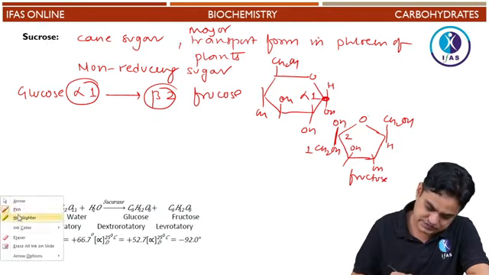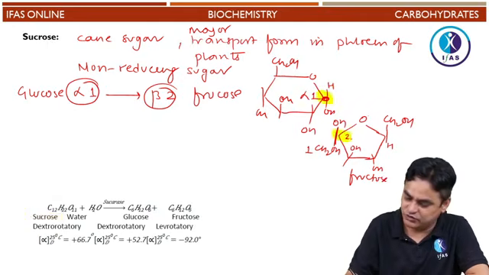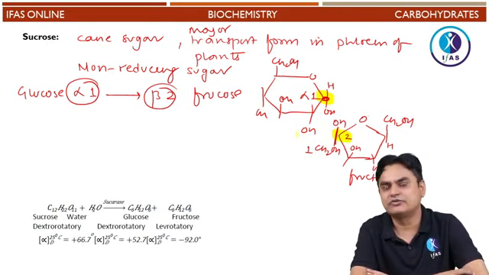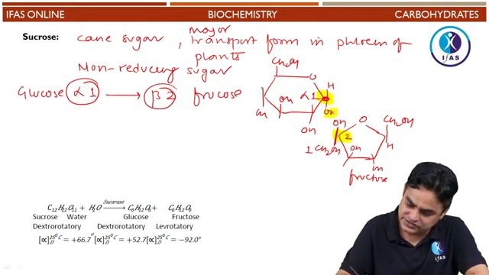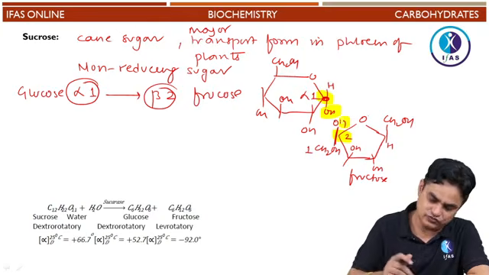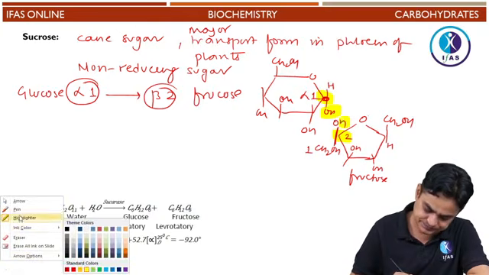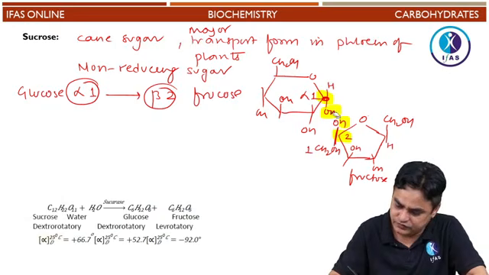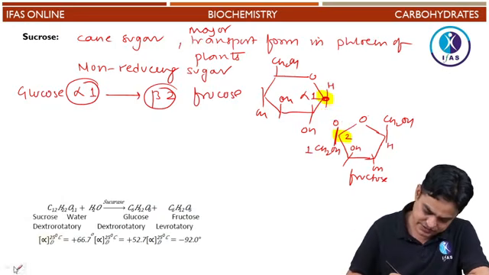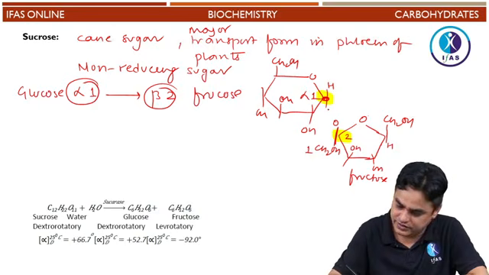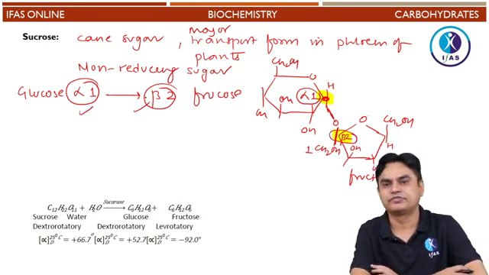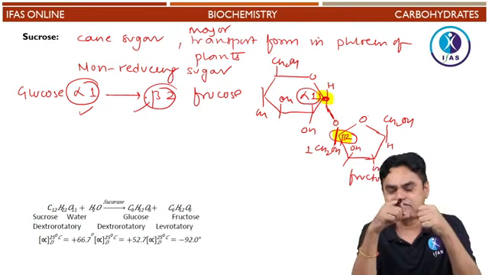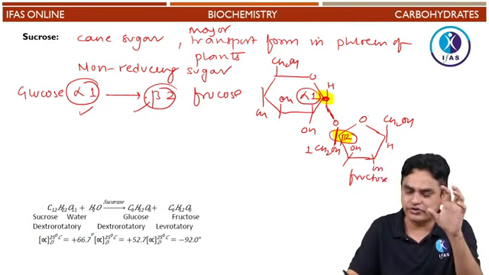This is the anomeric carbon from the glucose side, this is the anomeric carbon from the fructose side, because in ketonic sugars the anomeric carbon or the hemiketal carbon is carbon second. OH group would be eliminated from one side and H would be released from another side. So there is formation of a bond that would be referred to as alpha 1 beta 2 bond. Since the anomeric carbon from both sides is involved in bonding, it is a non-reducing sugar.